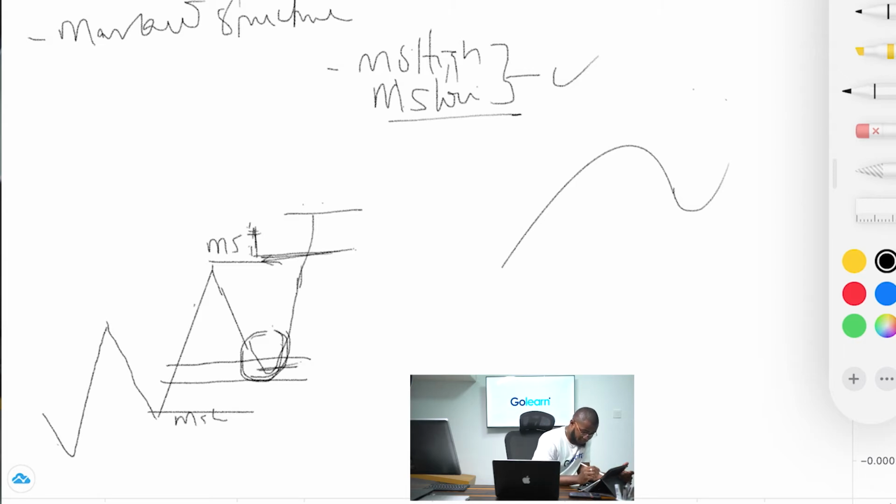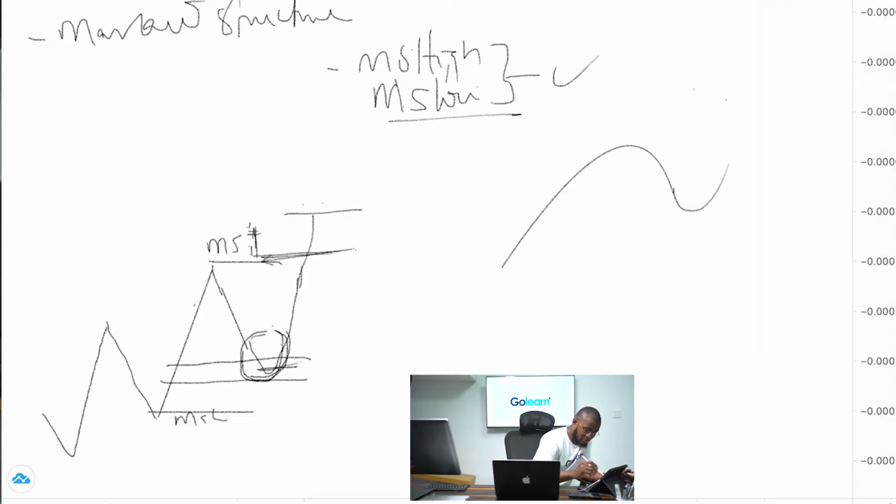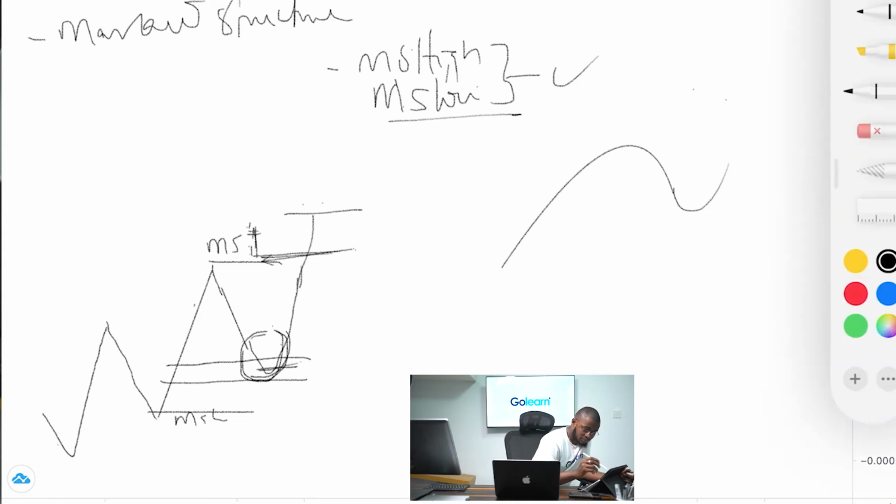So whenever the market does the opposite, whenever the market does this, we are going down. Now let's say we are going to the downside. So this will be the market structure low, and this will be the market structure high.